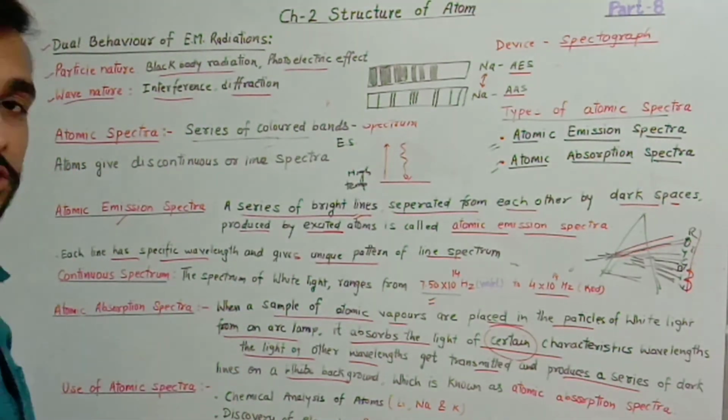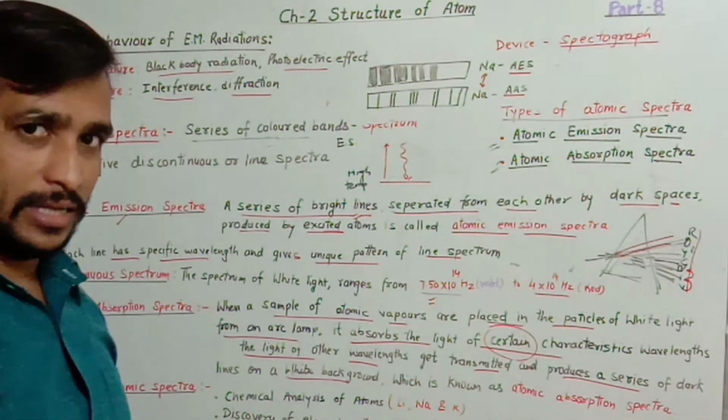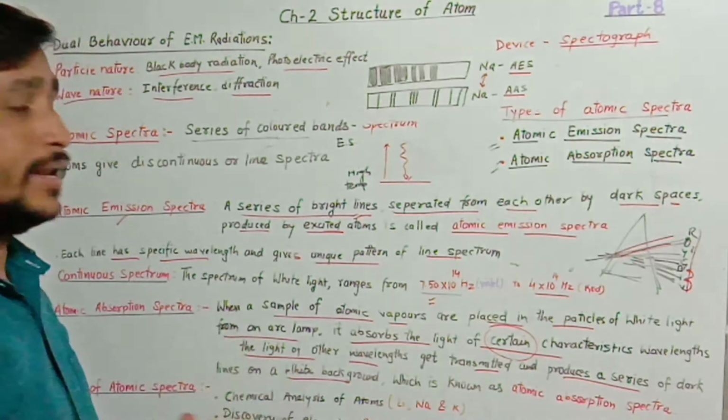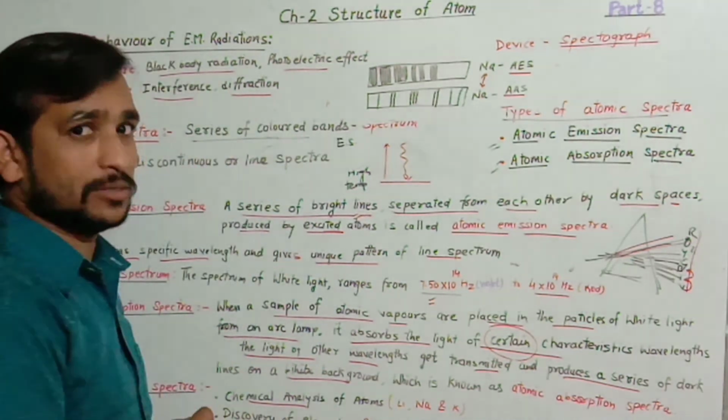So what are the uses of atomic spectra? In case of chemistry or in daily life, we use it in a huge way. Very first is chemical analysis of atoms.